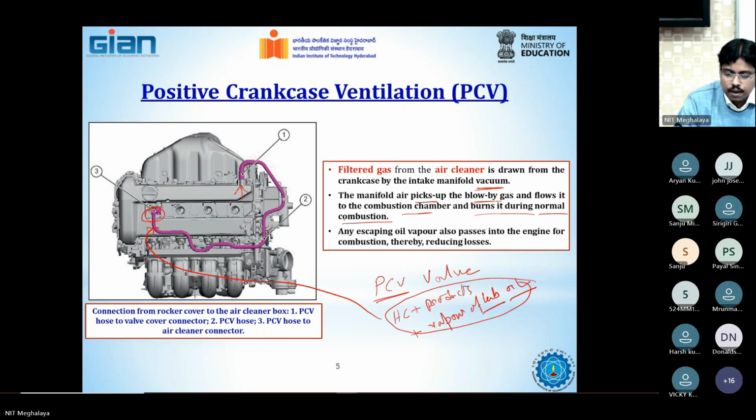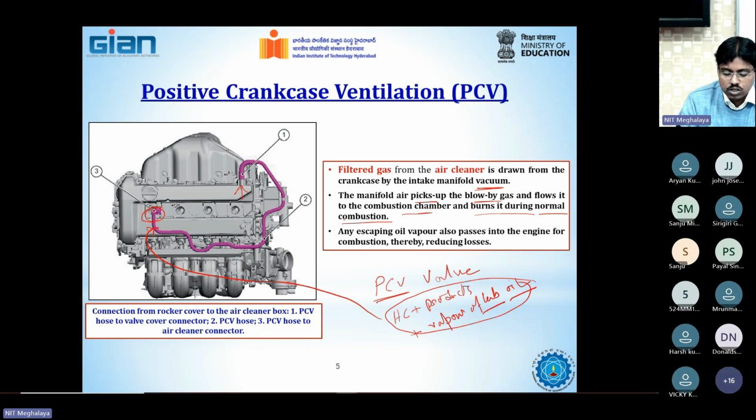And in this way, you can reduce the loss which occurs because of the leakage, this blow by process. You can by now understand that blow by is basically a loss phenomenon which occurs in the engine.